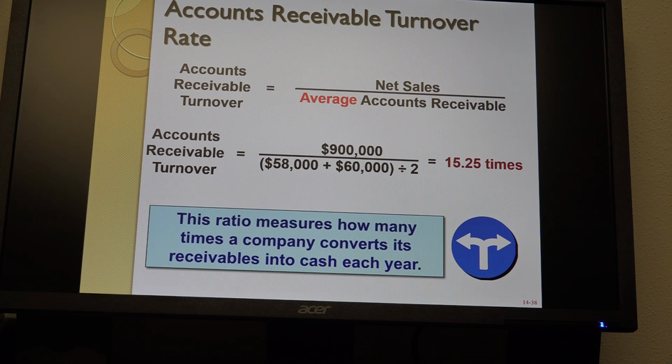Basically, they're collecting their receivables about every 24, 25 days. You know, if you've got 30-day terms, that may be pretty good. If you got 60-day terms, that's darn good.